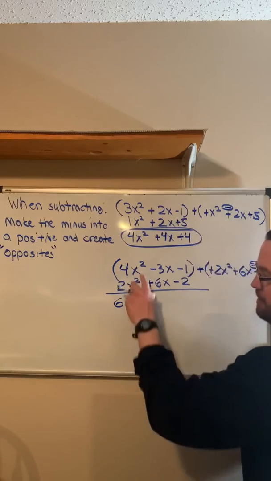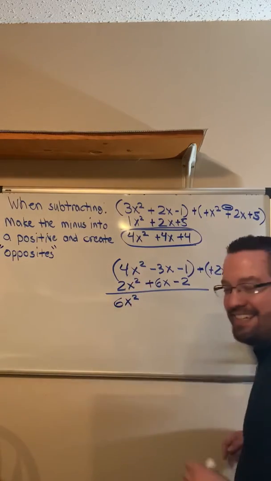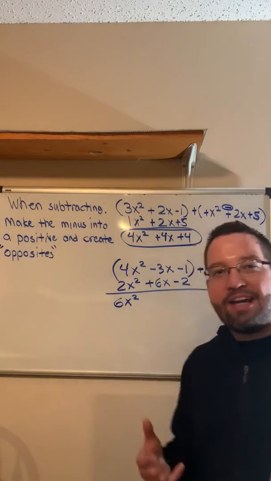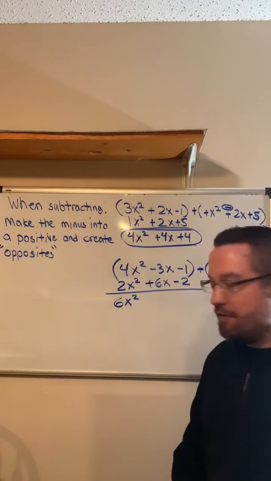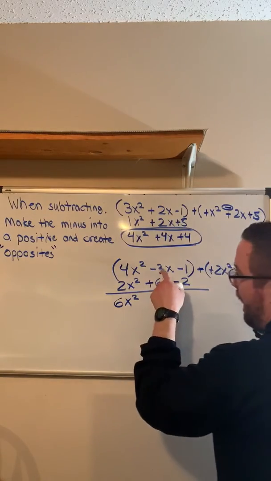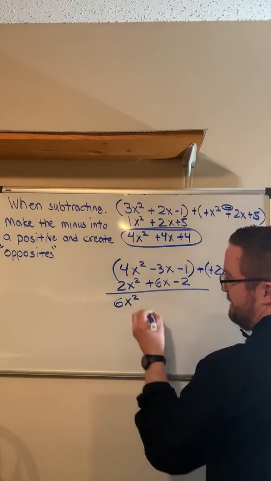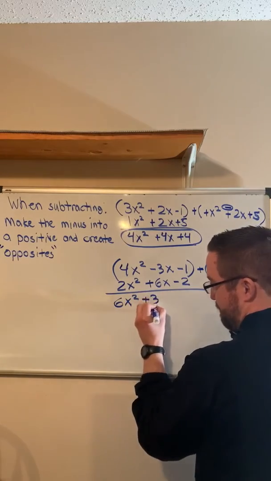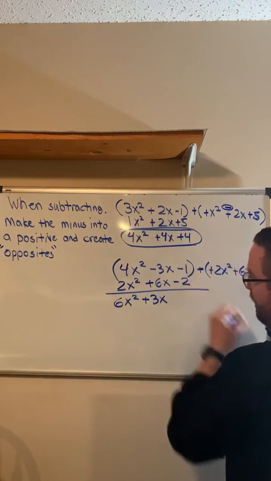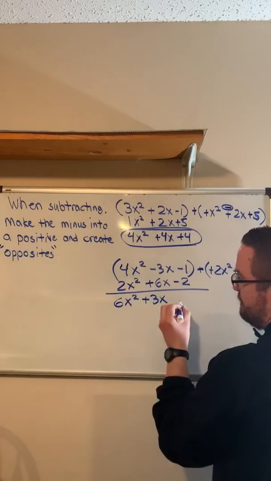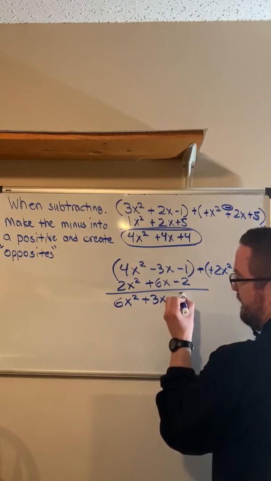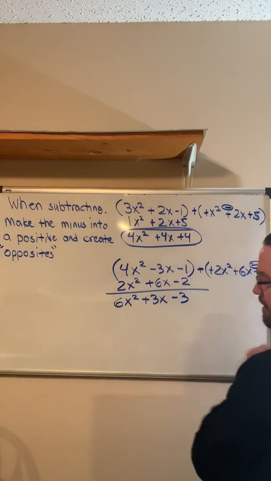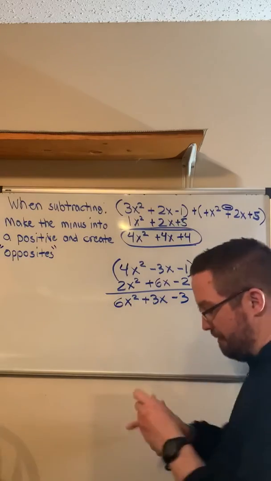And here I'm going to remind you that this square is going to stay a square. I'm not going to make that into a 6x to the fourth. A negative 3x plus 6x is a positive 3x. A negative 1 minus 2 more is a negative 3. I've got my unlike terms here, and I'm all set.